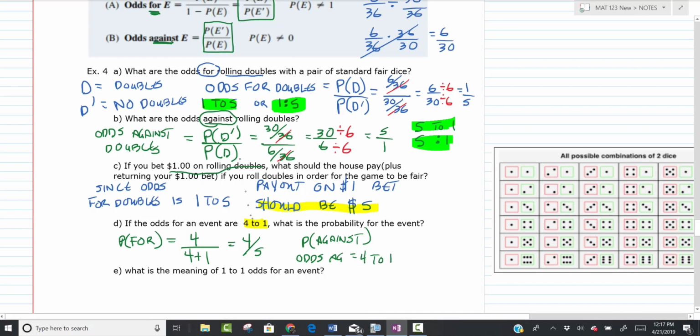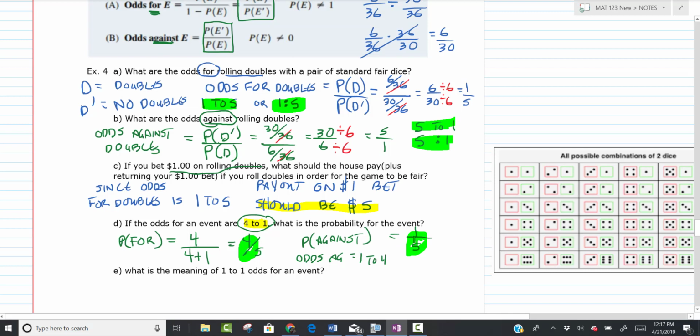Brad, gosh, pay attention. Okay, so if the odds for are 4 to 1, then 1 to 4 would be the odds against. So the probability against would be 1 out of 5. Notice these two probabilities add up to 1. So that's how you can convert odds back to a probability.